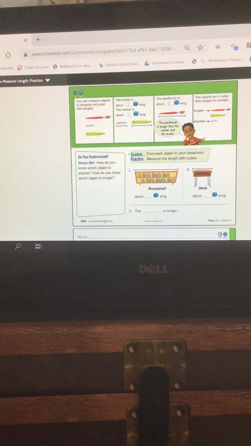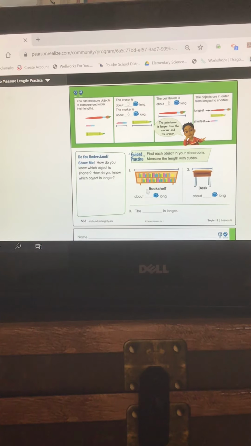Now this could be something that you do with somebody in your family using paper clips or pasta or Legos, or it could be something that you do on the piece of paper. This is up to you. But remember, you need to make sure that you are starting at the end and lining them up so that they are touching, not overlapping, and no gaps in between.